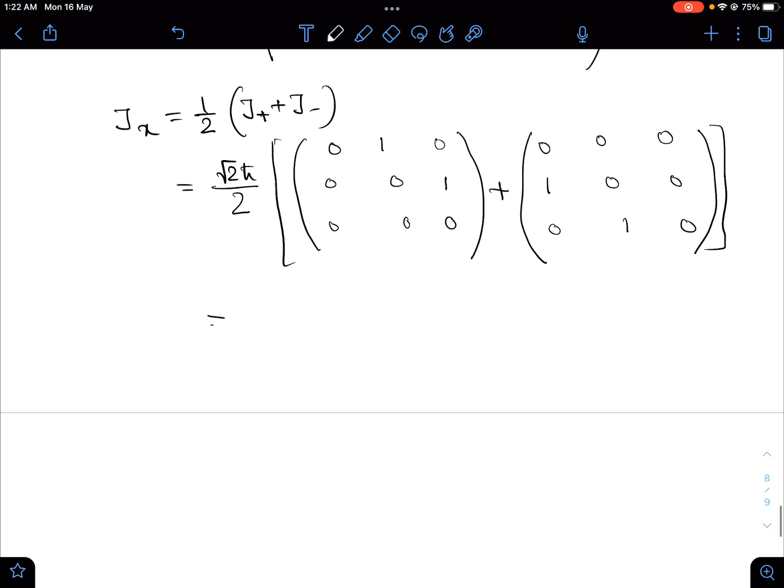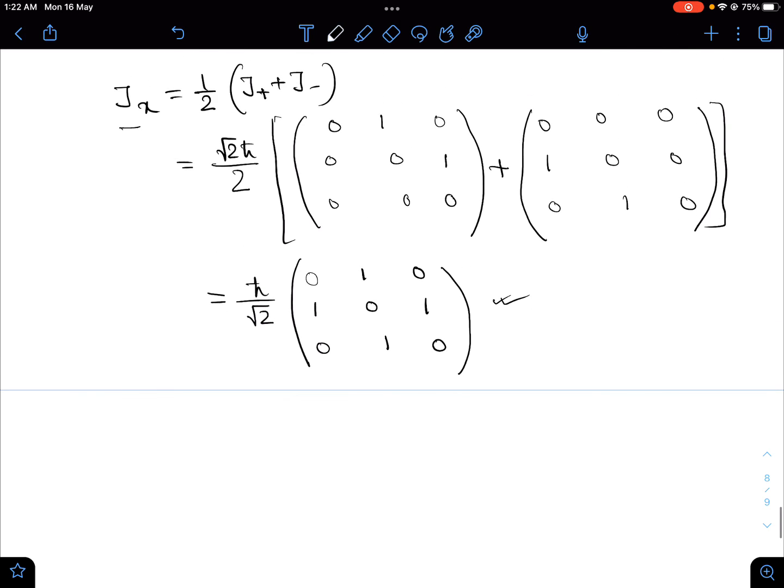So what is jx? jx is h cut by root 2, and we have here 0. So that is our matrix representation of jx.